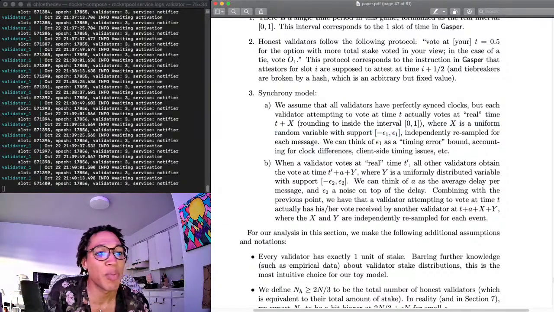But anyways, the point is that we're pretty much saying that all clocks are the same, but we're going to have some variance of a tiny bit, independently resampled for each message.